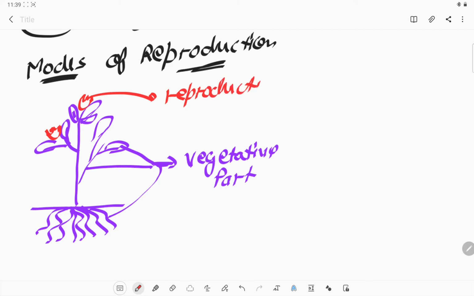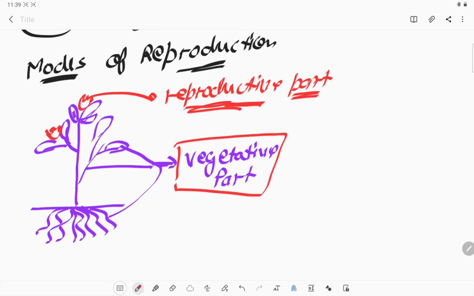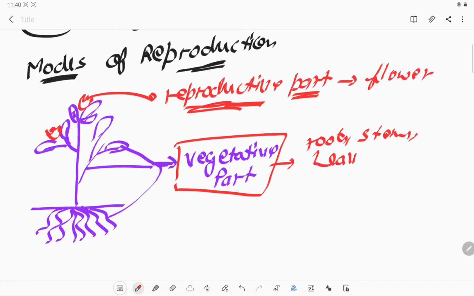For sexual reproduction we require the reproductive part, but for asexual reproduction we can use our vegetative parts also, so that we can grow a new individual from the plant body. The reproductive part is the flower, and the vegetative parts are the roots, stems and leaves.